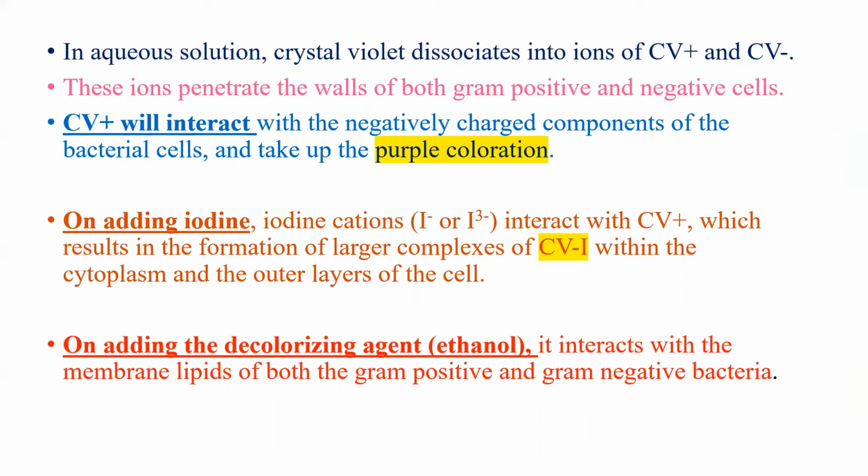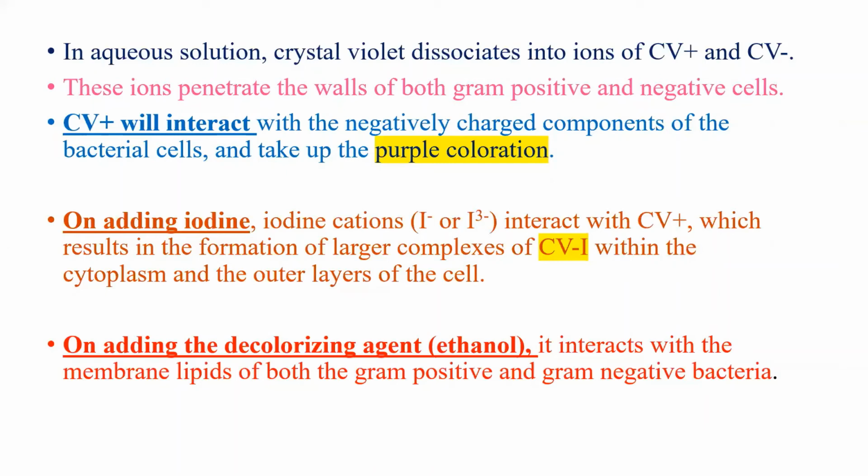These ions penetrate the walls of both Gram-positive and Gram-negative cells. Crystal violet plus will interact with the negatively charged components of the bacterial cells and take up the purple coloration. On adding iodine, that is a mordant, iodine anions I- or I3- interact with CV+, which results in the formation of larger complexes of CVI within the cytoplasm and the outer layers of the cell.